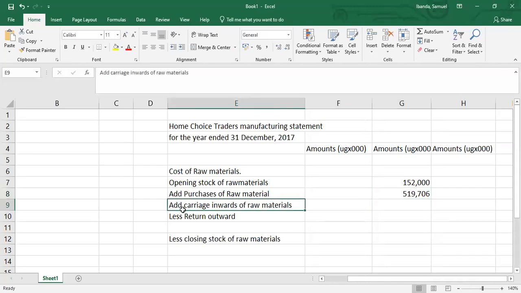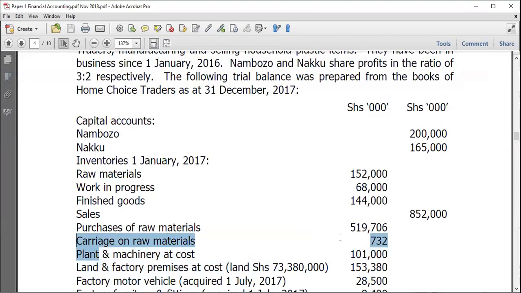Now, in case there are any adjustments on my purchases, I'll look out for these two, okay? And then also maybe in case I have a discount, then I'll be able to highlight that. So when I come here, just under purchases, there is carriage on raw materials.